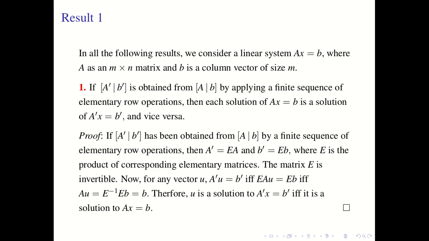You multiply both sides by E inverse. What you get is AU is equal to B. So therefore U is a solution to A prime x equal to B prime if and only if it is a solution to Ax equal to B. And that's exactly what we wanted to prove.